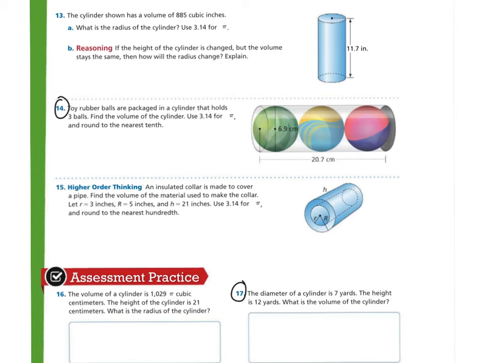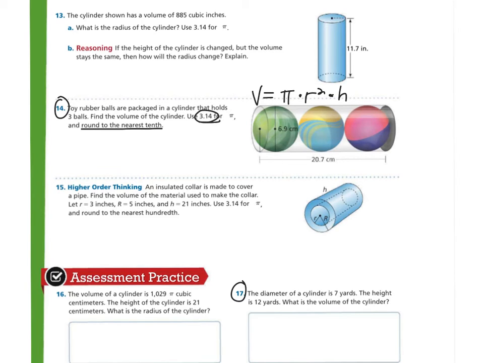Now let's answer number 14. Toy rubber balls are packaged in a cylinder that holds 3 balls. Find the volume of the cylinder, use 3.14 for pi, and round to the nearest tenth. So the first thing that we're going to do is use our formula. V equals pi times radius squared times height.